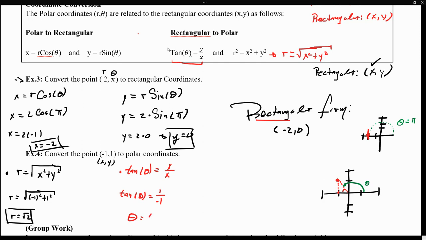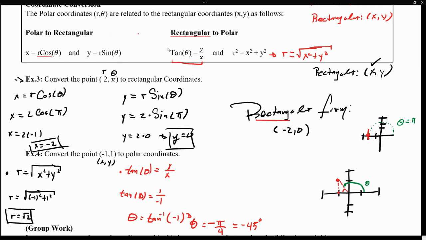Therefore, my angle is the inverse tangent of -1. And if we use our unit circle, we would see that my theta has a value of -pi/4, which is -45 degrees. But I'm going to keep it all in pi. So what we have shown is that this angle right here is 45 degrees.